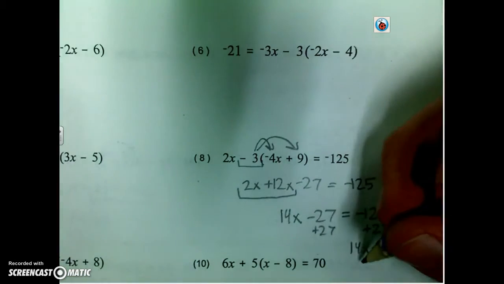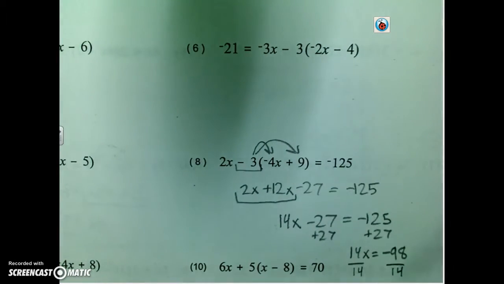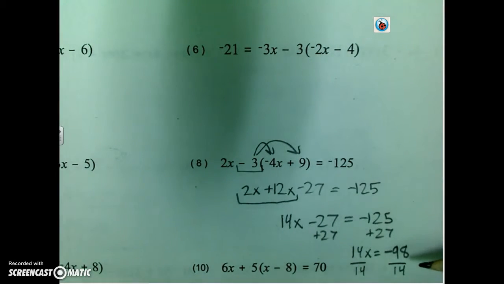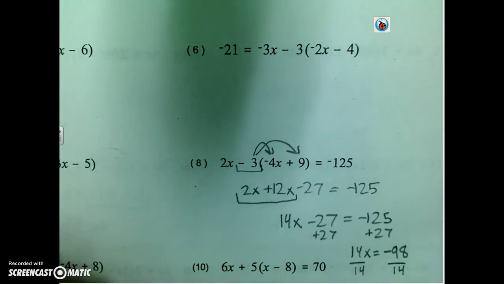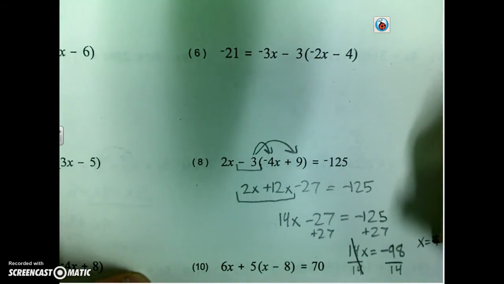And when we divide both sides by our 14, let me double check, perhaps I made a mistake here. Looking through our steps, it looks good. I was just doing the wrong train of thought here. Our negative 98 divided by a 14 will give us that our x is equal to a negative 7.